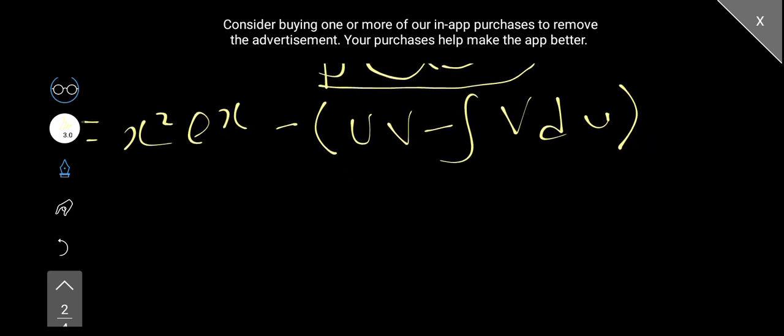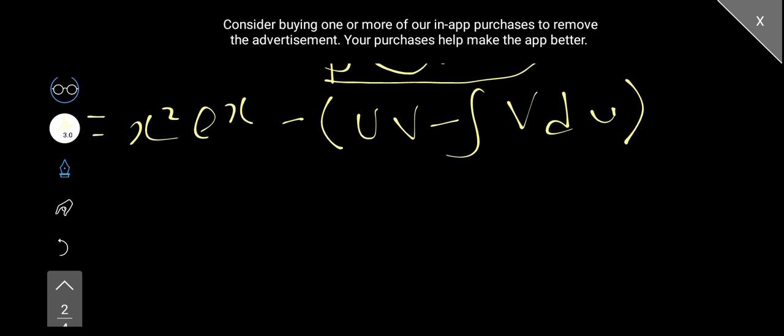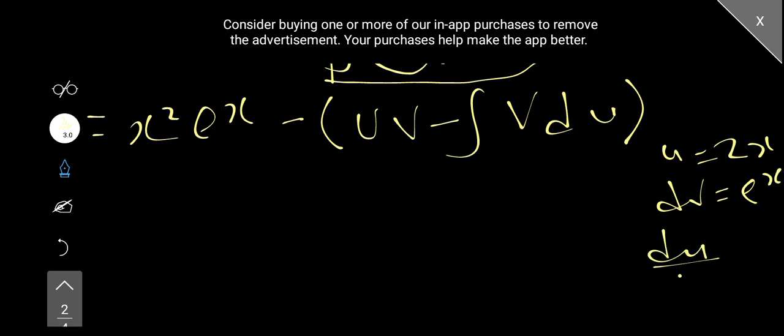So let's see what we get. u is equal to 2x, dv is equal to e to the power x, giving us du dx equal to 2 and v equal to e to the power x.